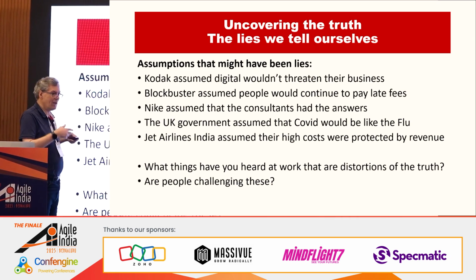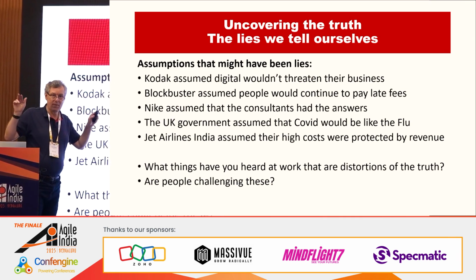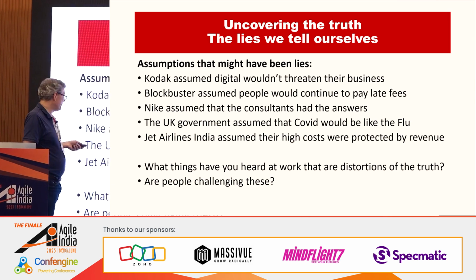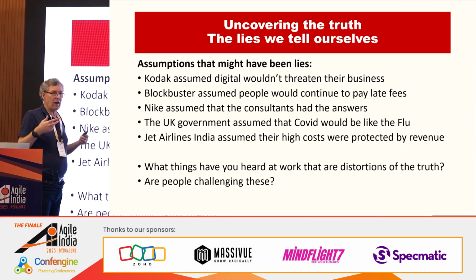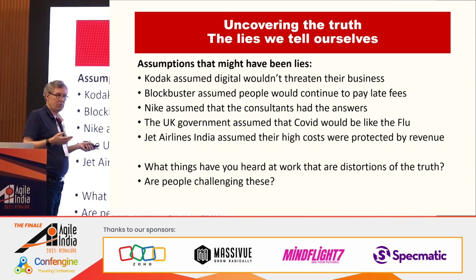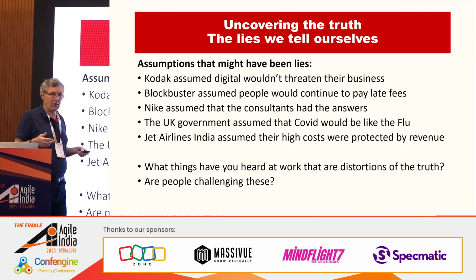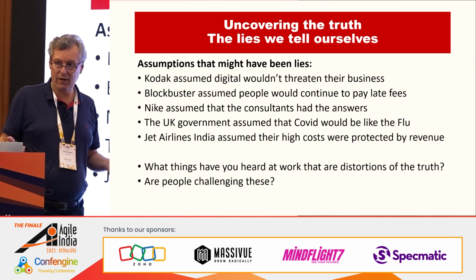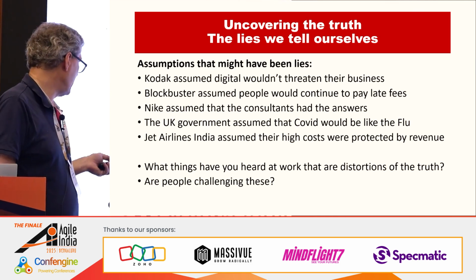So that might have been an internal message around their line of business, so people didn't lose confidence and leave. Blockbuster assumed people would want to pay late fees. So maybe the lie was that late fees will be the thing, and we're optimizing to get as many late fees as possible. And of course, they went out of business.